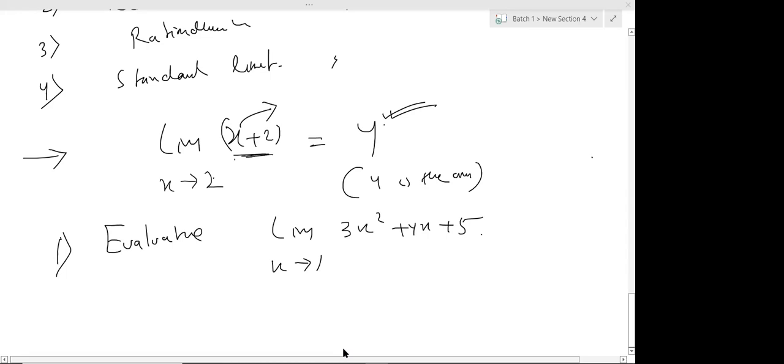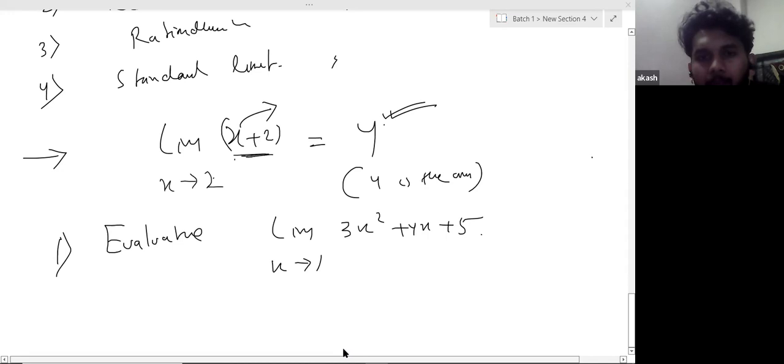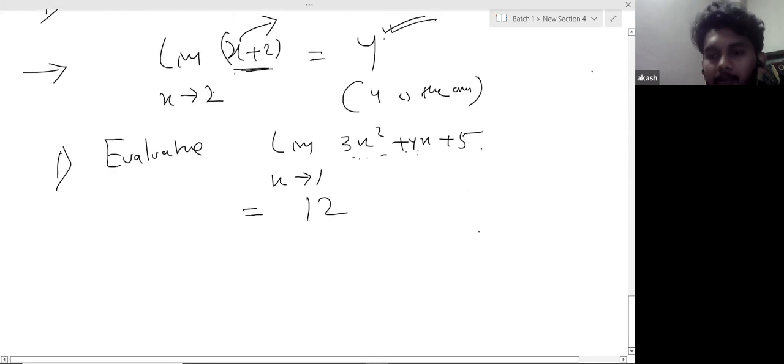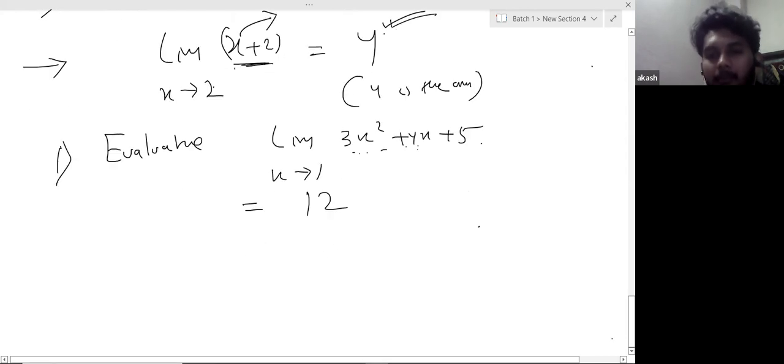You can directly put the value x equals 1. So we get 3 into 1, which is 3, plus 4 into 1, which is 4. 3 plus 4 is 7, plus 5 is 12. As long as you are getting some real value, it is okay to put the value directly. This is the first step to solving any limit question.